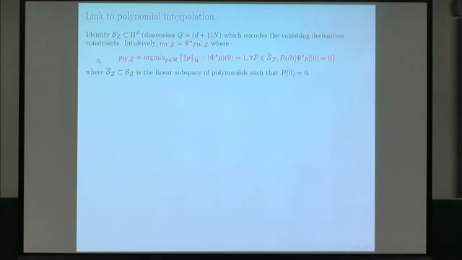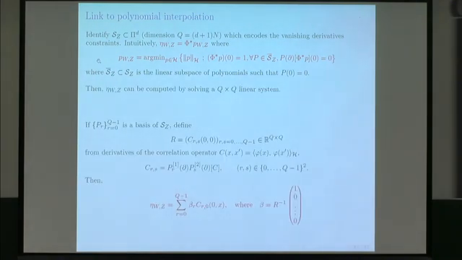In the 1D case, this polynomial space is simply taken to be the polynomials up to degree 2n minus 1. Note that if we're able to do this, then it is again very easy to compute eta wz. We just write down all these linear constraints as a linear system. This linear system can be constructed entirely by looking at the correlation operator and its derivatives, defined by some basis of this polynomial space.